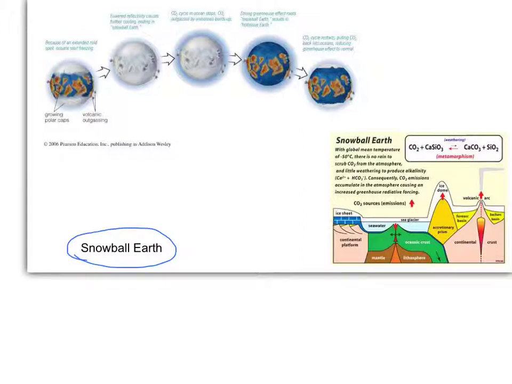This is an example of a positive feedback mechanism and a long-term negative feedback mechanism playing a role. For a variety of reasons, which we won't go into in this short little tutorial, there are times when the Earth can be subject to an extended cold spell.